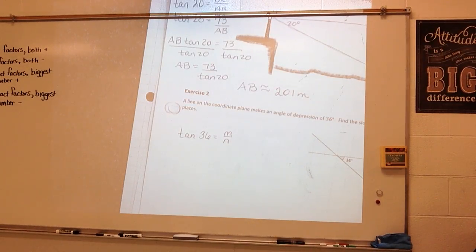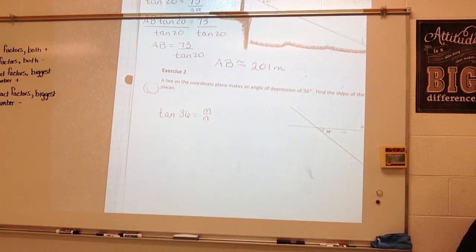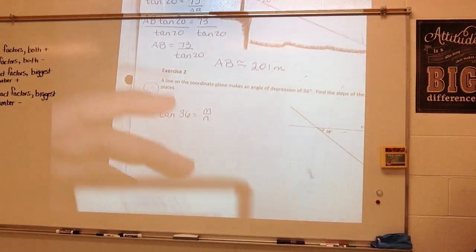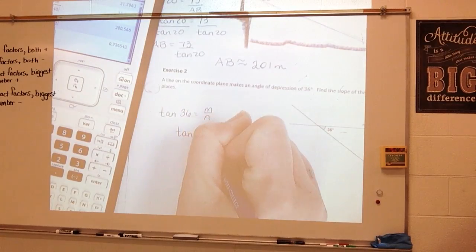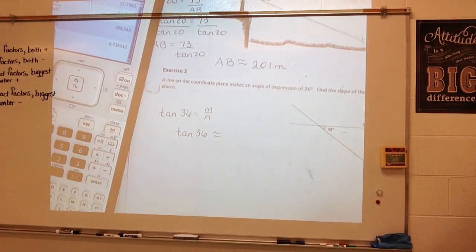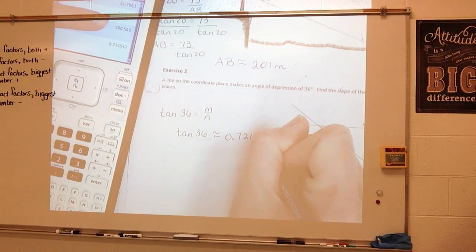All I have to do is find the tangent of 36. The tangent of a 36-degree angle, and it says go to 4 decimal places, is 0.7265.